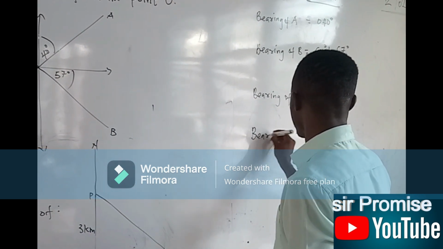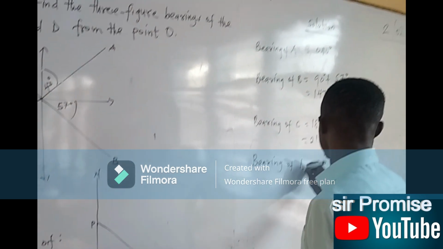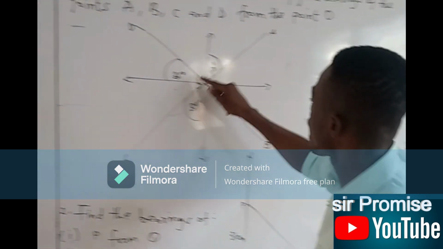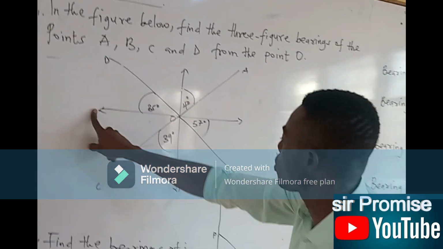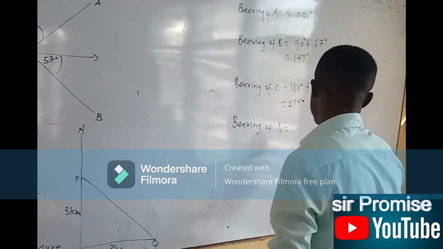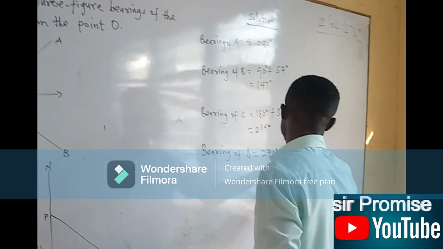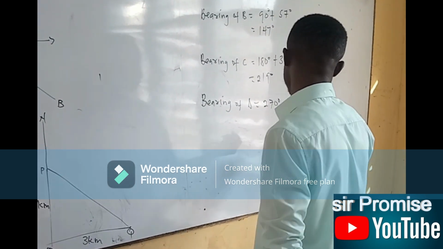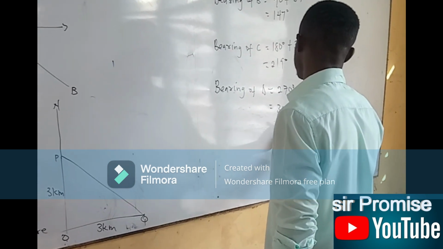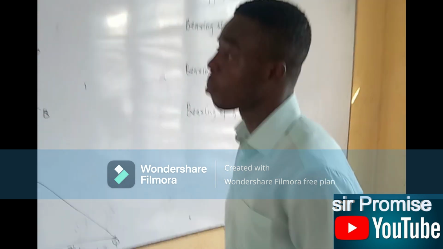The last one, bearing of D. So the bearing of D is also here, this line that we are talking about. So completely we know that here is 270, so we just add there. So 270 plus the 35. So this time around, this one is going to be 305 degrees. So that is what we have determined.